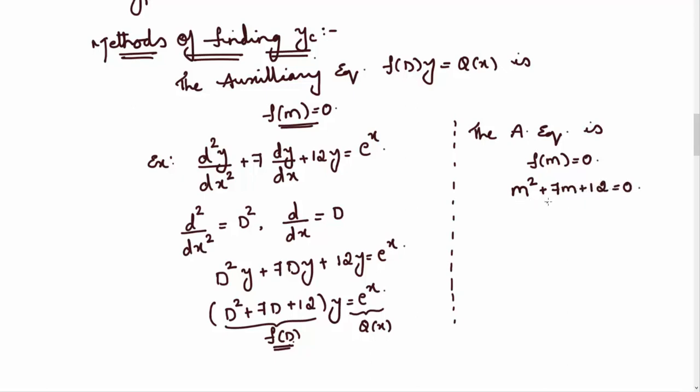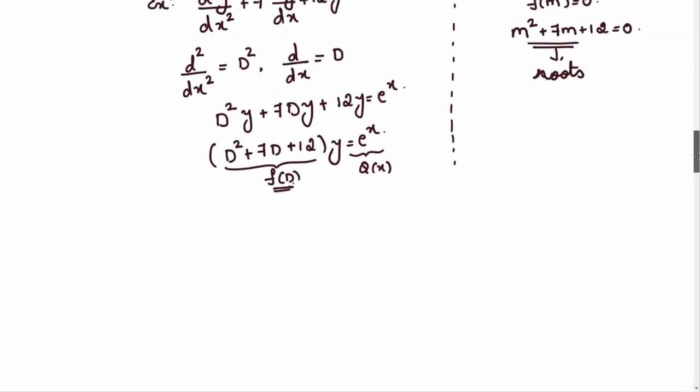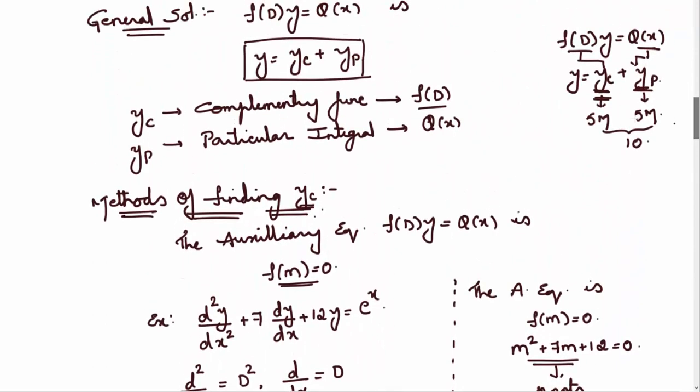Now, as it is a quadratic, or more precisely a polynomial, depending upon the roots of this characteristic equation or the auxiliary equation, we will write this yc. Okay, now as we are saying, depending on the roots, how many types of roots do we have? As I said, in order to find yc, we have 5 methods.